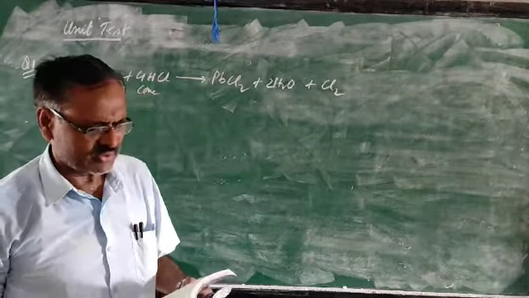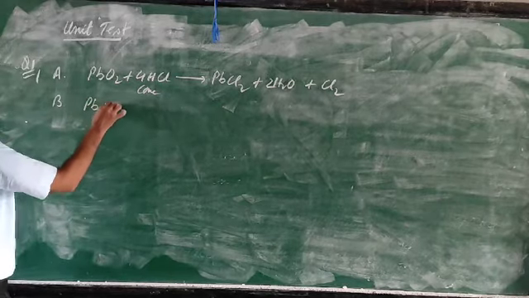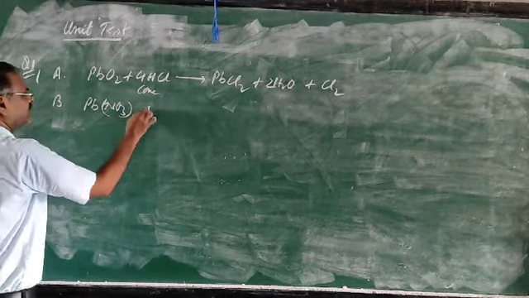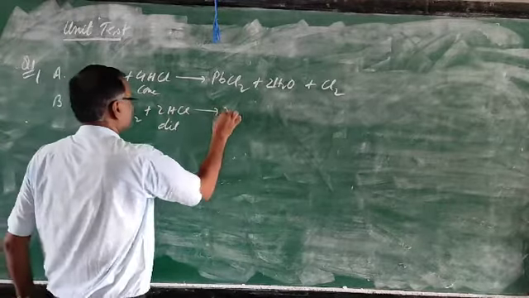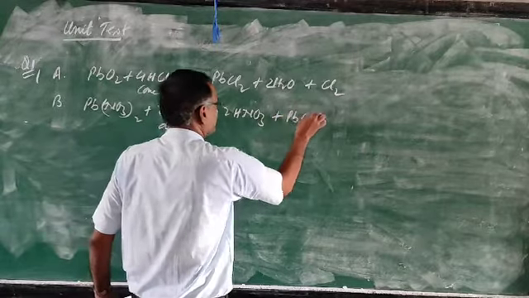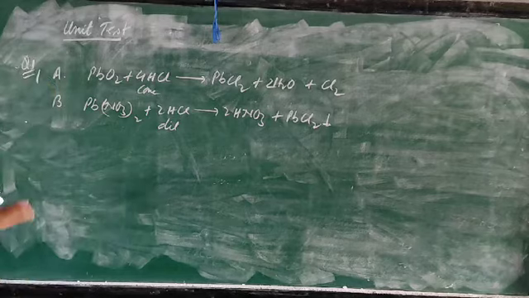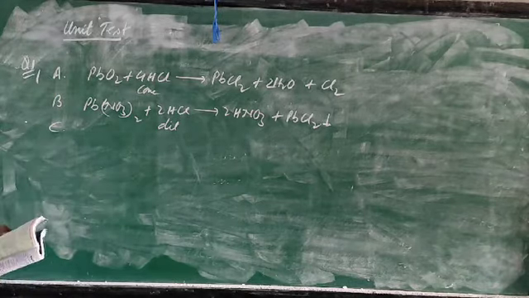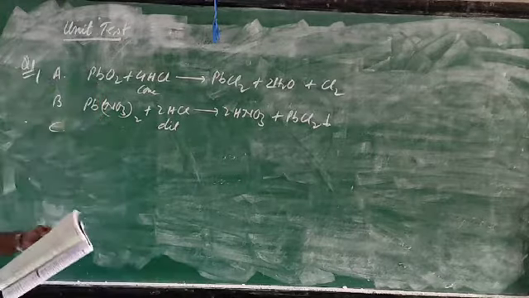Then B, dilute HCl to lead chloride. So react with lead nitrate. So lead nitrate react with dilute HCl. This will form 2HNO3 and lead chloride. Then C, sodium bicarbonate to sodium chloride react with hydrochloric acid.